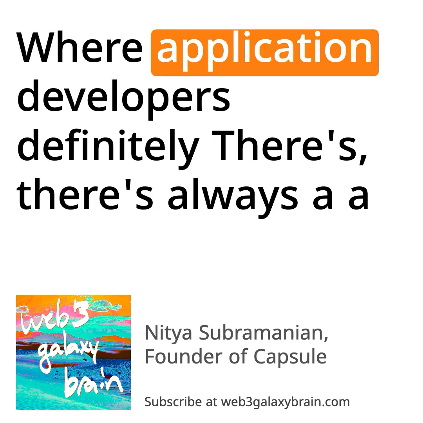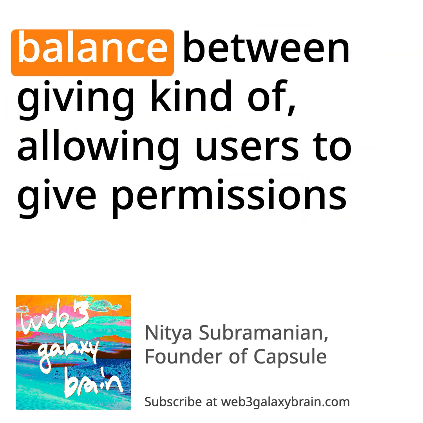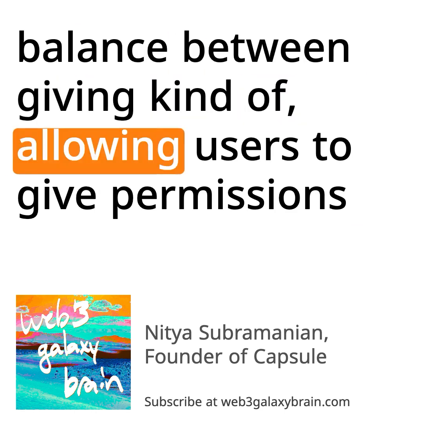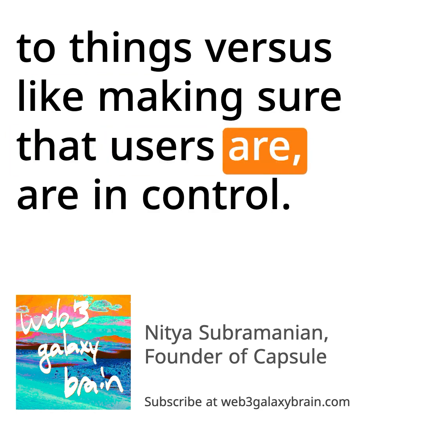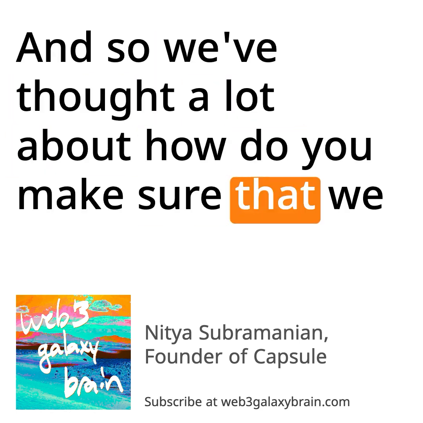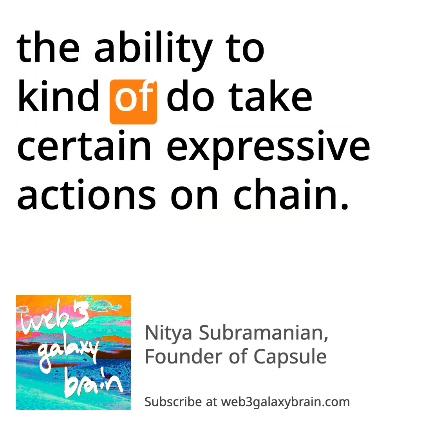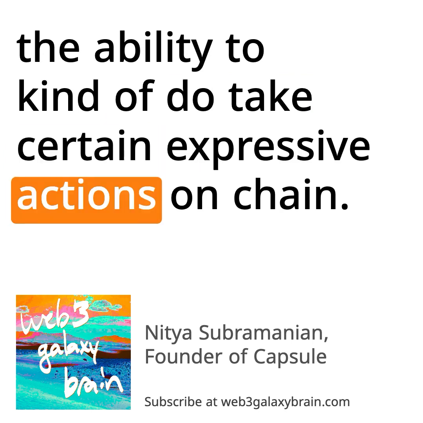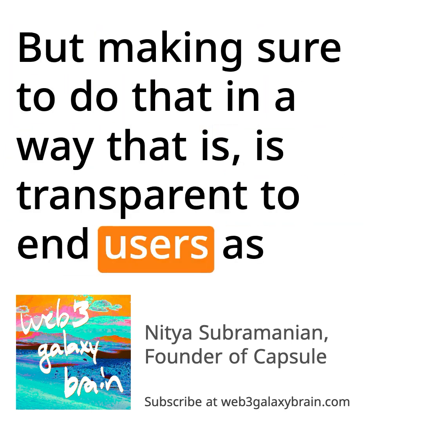For application developers, there's always a balance between allowing users to give permissions to things versus making sure that users are in control. And so we've thought a lot about how you make sure that we give application developers the ability to request permissions and the ability to take certain expressive actions on chain, but doing that in a way that is transparent to end users as well.